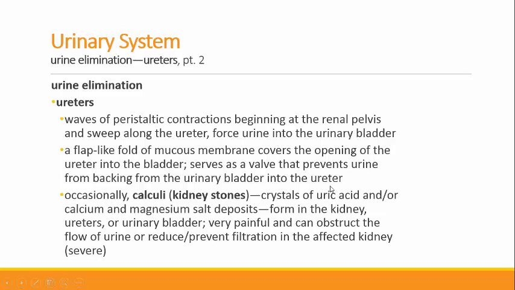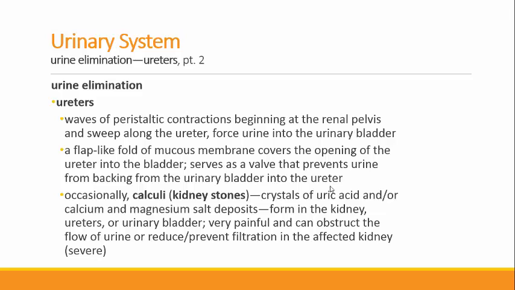Inside the bladder, there's a flap-like fold of the mucous membranes that covers the opening of the ureter into the bladder. And so as the urinary bladder fills, that flap of mucous membrane seals against the opening into the ureter so that we prevent any of the urine that collects in the urinary bladder from backing up into the ureter.